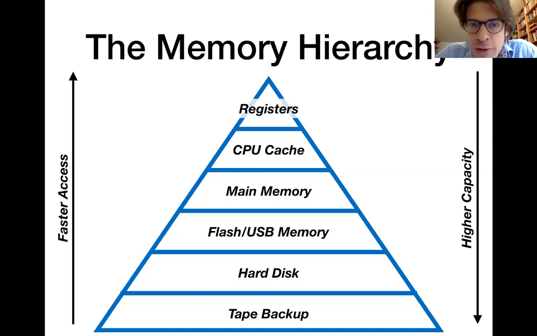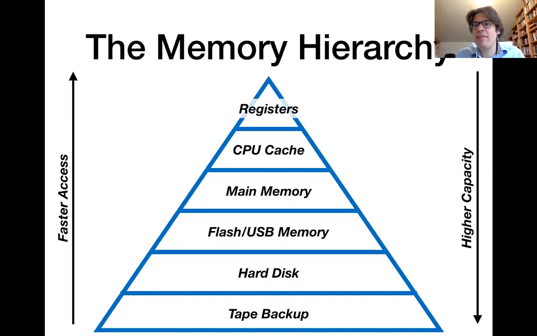That ranges from layers with a very small capacity, which are, however, very fast to access, for instance the CPU registers, down to levels like a tape backup, which are much slower to access, but on the other side, you get a lot of capacity, and the cost per capacity unit is quite low. So if you go up the memory hierarchy, you get faster access. If you go down the memory hierarchy, you get more capacity.